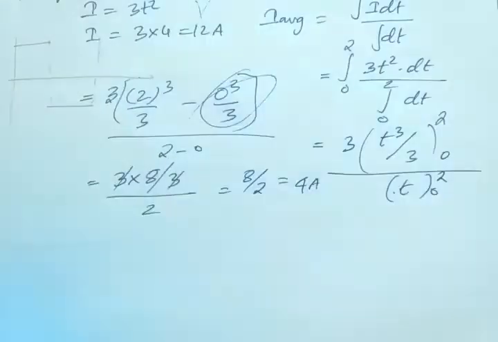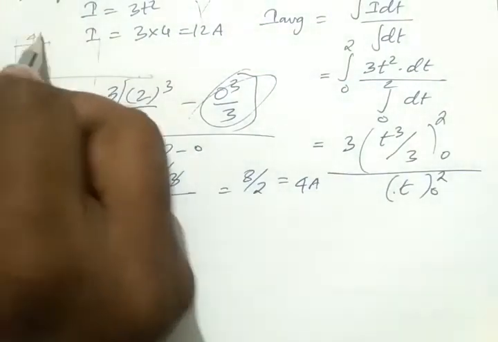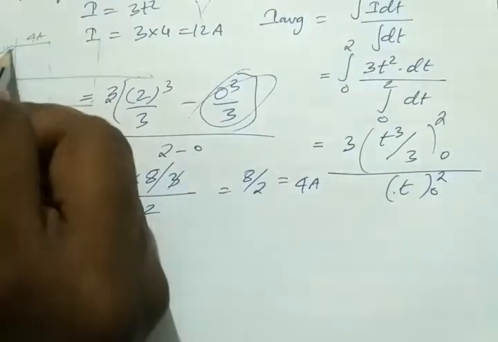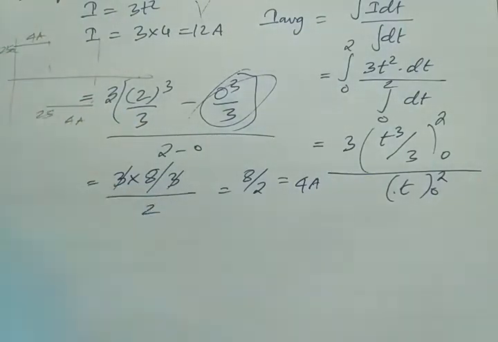So it will change for every 2 seconds. Every 2 seconds 4 ampere for 2 seconds, another 4 ampere for another 2 seconds. So it will change frequently. Then what will the I average value be for a full cycle?